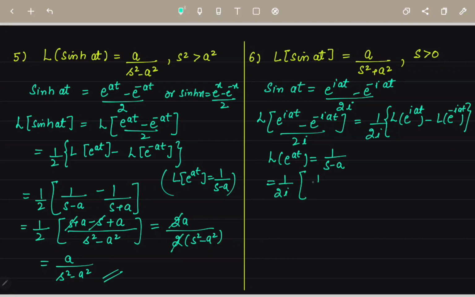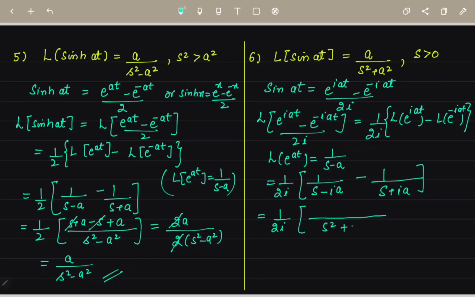Now this will become 1 divided by s minus a. So now here it will be iota a. Okay, so then minus, this will become 1 divided by s plus iota a. So now taking the LCM, we have 1 by 2 iota, then it will be a square minus b square, and a is s and b is iota a.